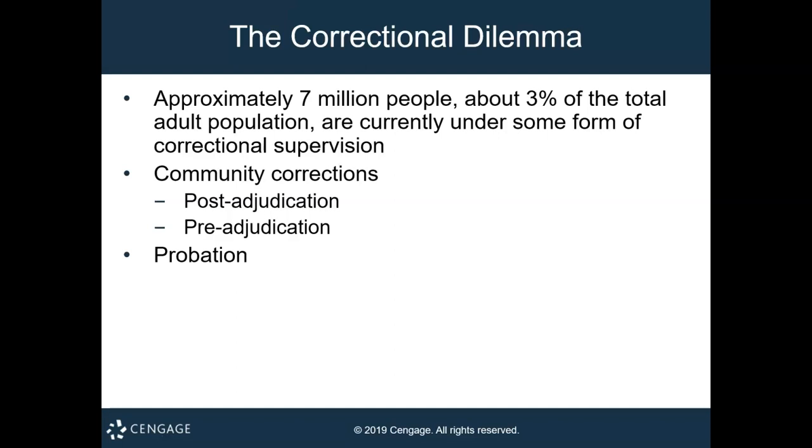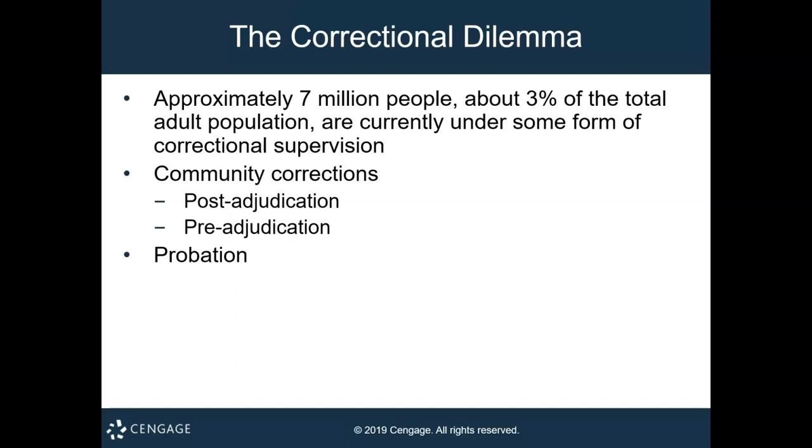Now, that does not mean that there are 7 million people in custody. Actually, the majority of people under correctional supervision are under probation supervision. So probation and parole are two forms of community corrections.